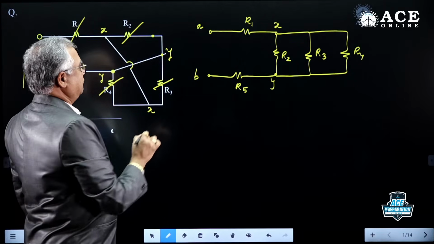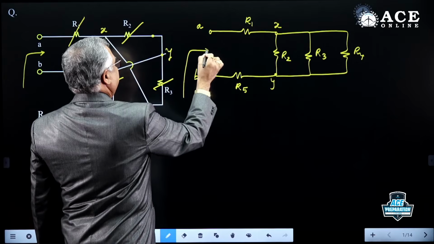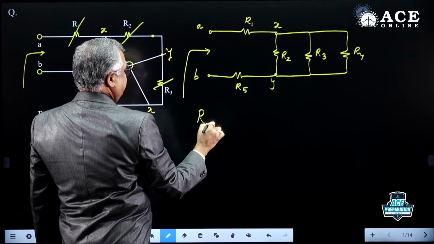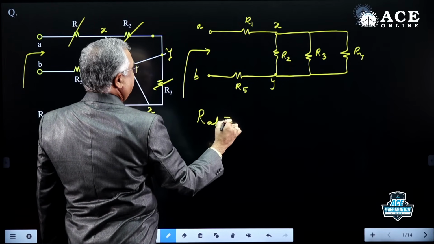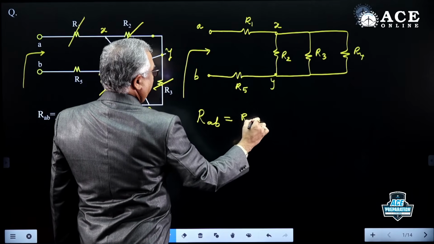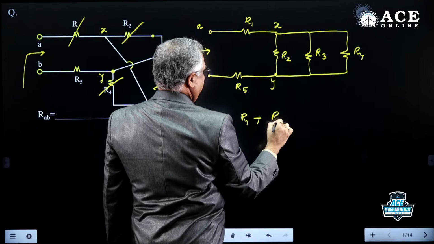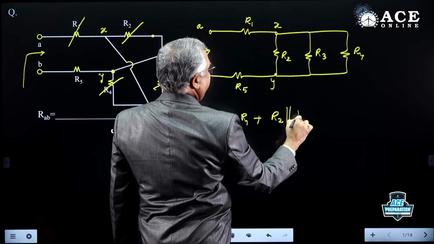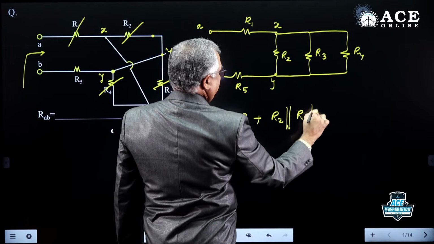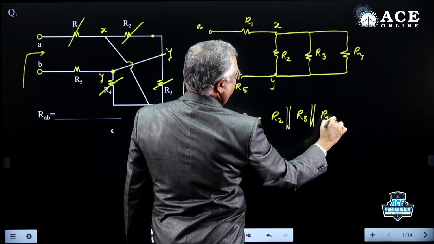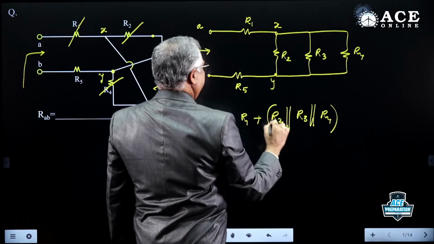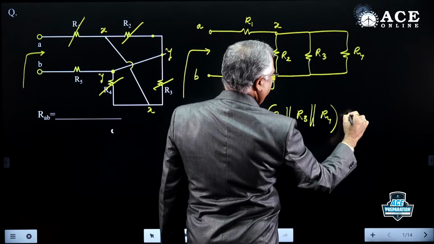Easily we can decide what RAB is now. Looking at the circuit, what is RAB? R1 plus, these three are parallel: R2 parallel with R3 parallel with R4, and that is in series with R5.